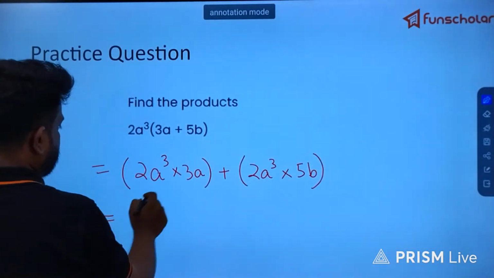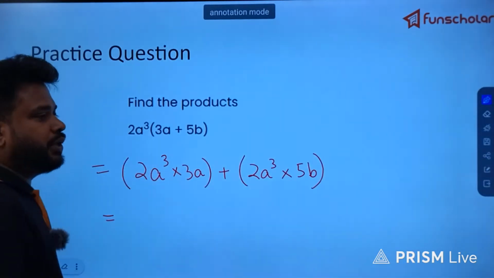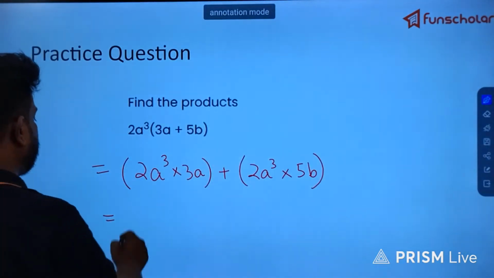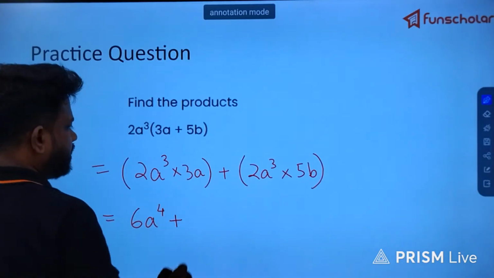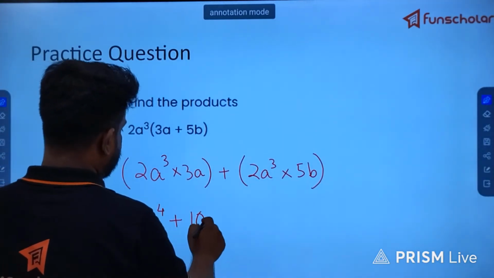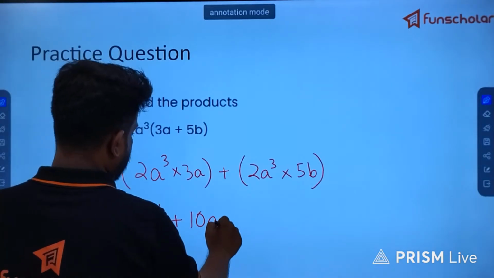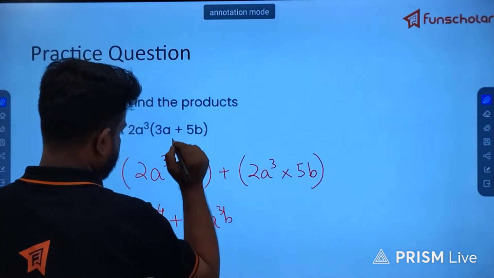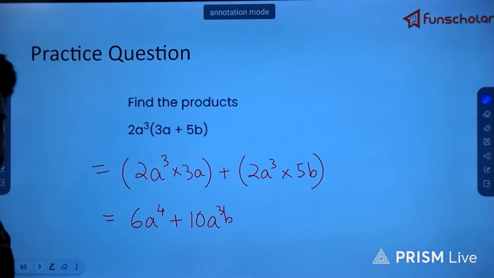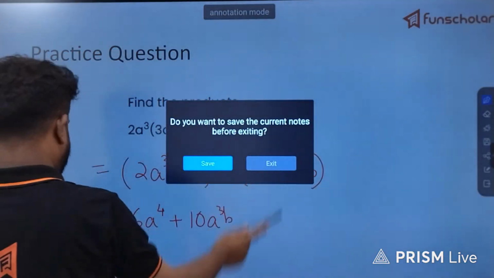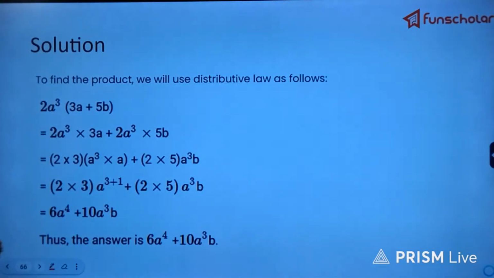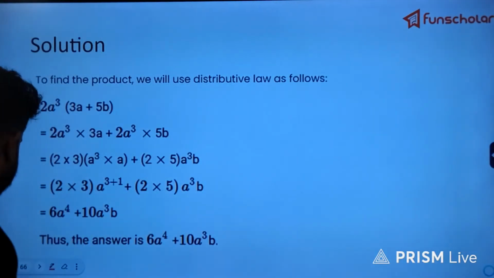So the coefficients will be getting multiplied, and it will be 6a to the power 4 plus 10a cube b. Done for this. Yes, the answer is this.